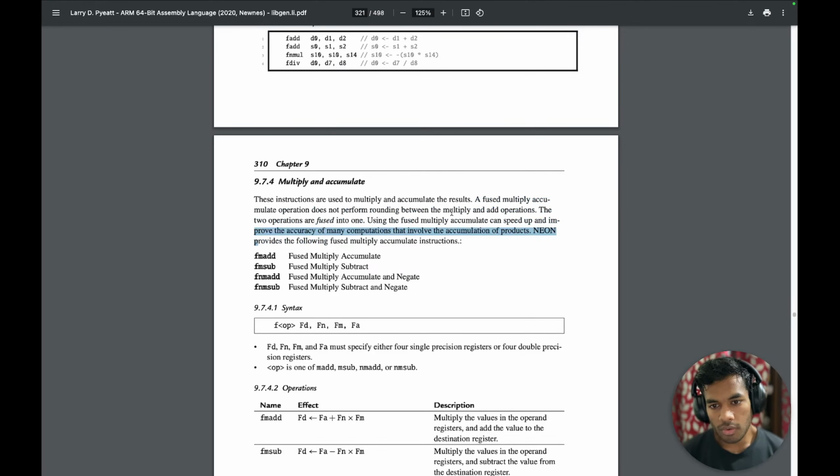That is cool to get a precise result. The two operations are fused into one using the fused multiply accumulate.